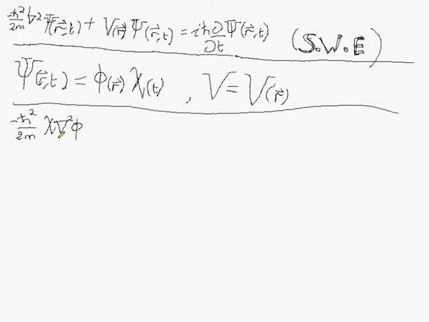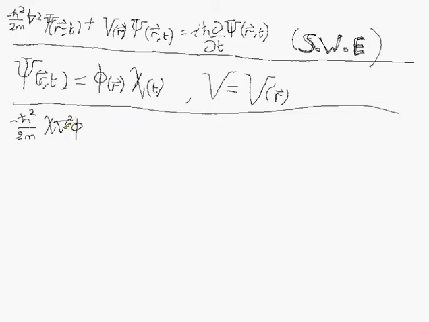This is coming from the product rule of differentiation, and if you do that yourself, you can satisfy yourself that we can write this, because if we do the product differentiation, what we would get is phi Laplacian chi plus chi Laplacian phi.